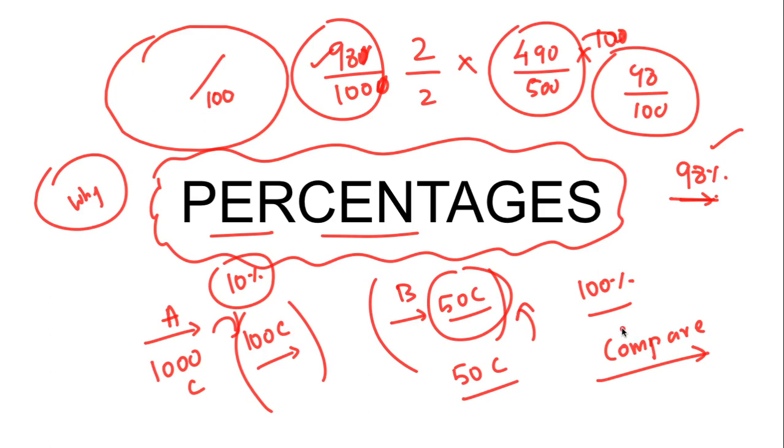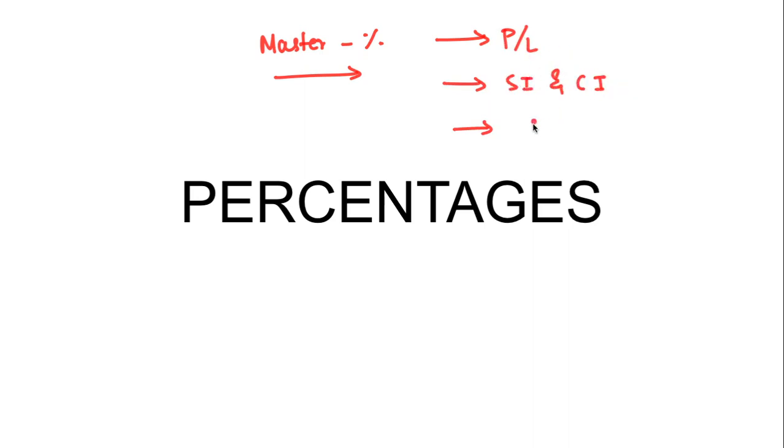Okay, so coming back to competitive exams or any aptitude exam, these percentage problems can commonly be asked in a few varieties. Before that, I would like to register one important point about percentage. Percentage is one of the heavyweight topics. Heavyweight topics meaning if you master this single topic, you will be able to easily handle the following topics. There is something called profit and loss. There is a topic called simple interest and compound interest, and there is a topic called data interpretation.